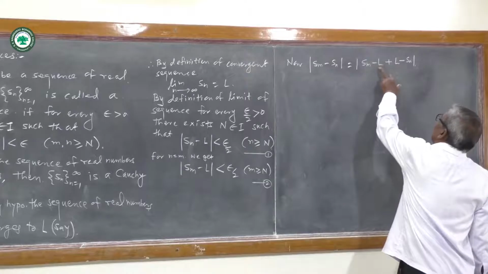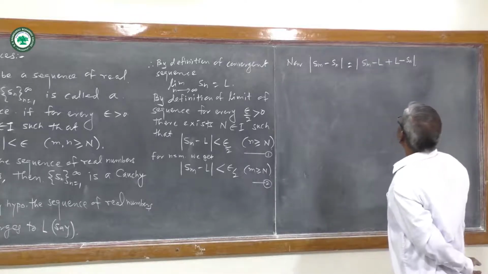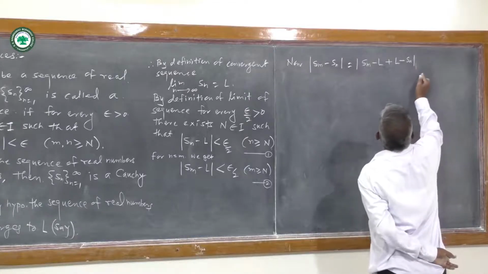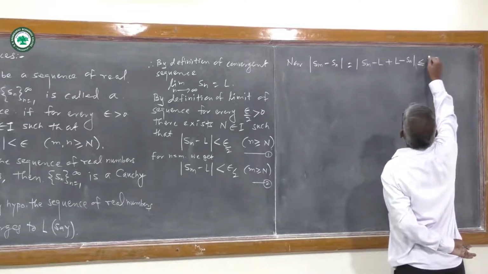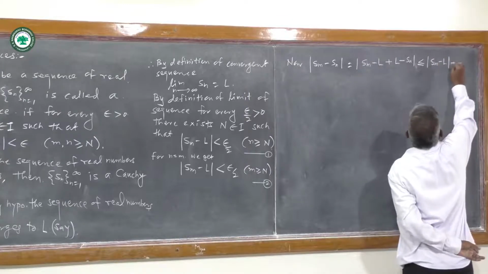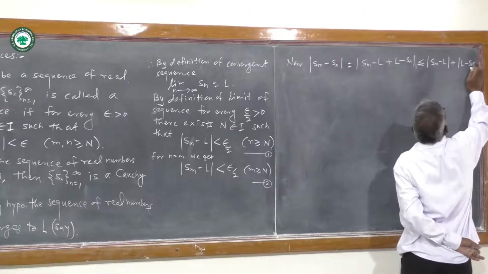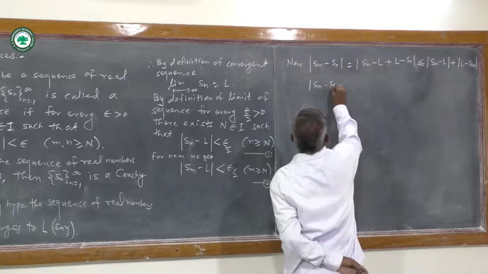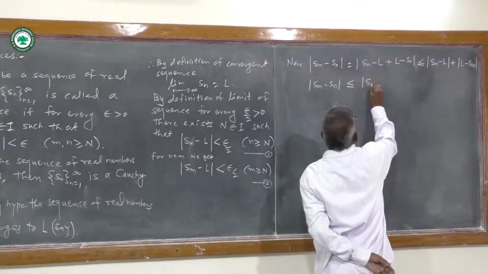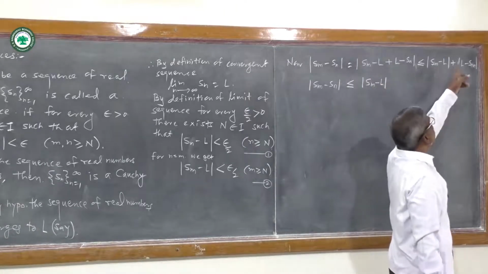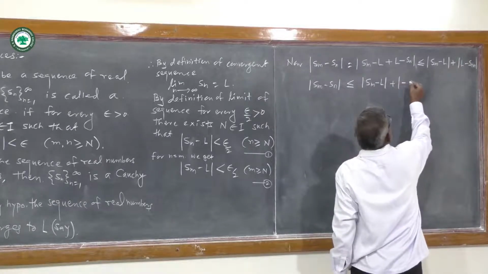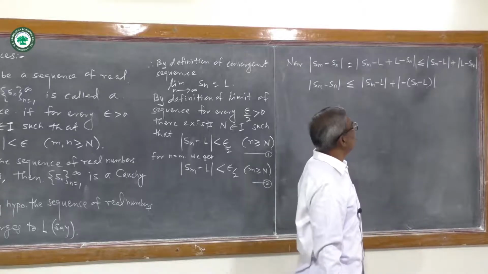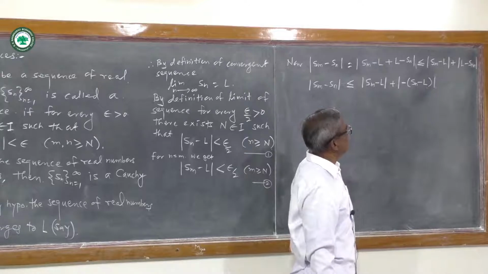We have added L and minus L. Modulus of A plus B is less than or equal to mod A plus mod B. Therefore, this is less than or equal to mod of S_m minus L plus modulus of L minus S_n.